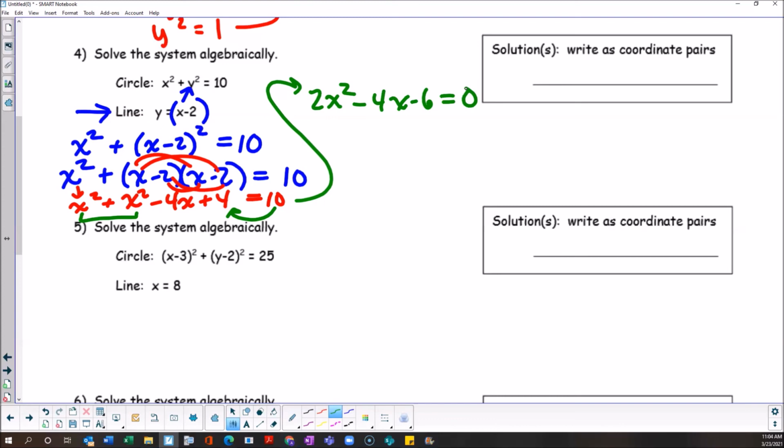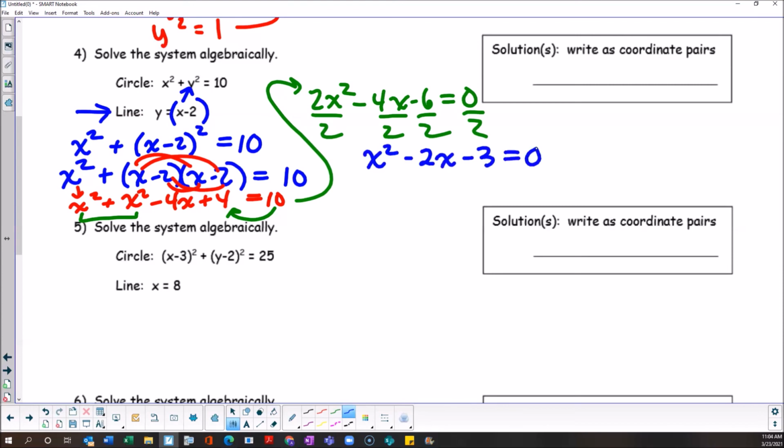To factor, right? What should I do first before I try to factor that? Or yeah, or divide by, like factor out, undistribute. I know you're thinking the right thing, exactly. So I'm going to divide everything by 2. And so I get x squared minus 2x minus 3 equals 0.